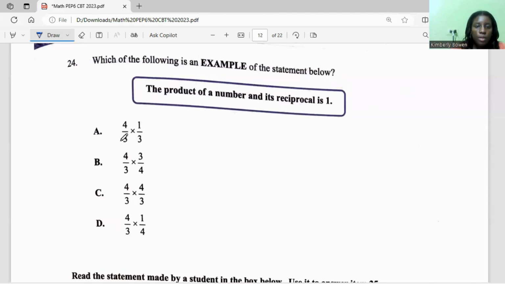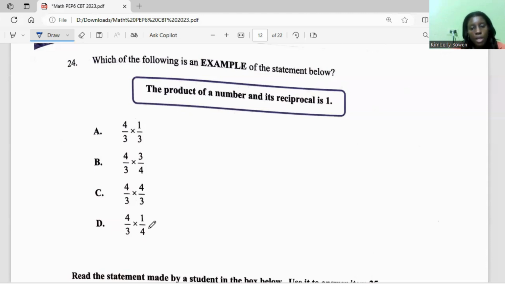Let's try 1/3 times 3. Let's see if that equals 1. The product of a number and its reciprocal is 1.